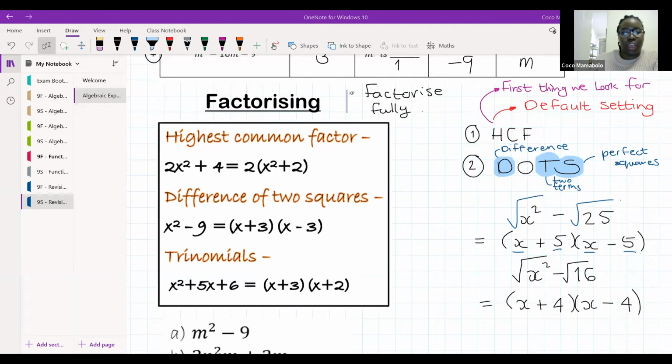Okay, ma'am. And it only works with two terms only, because it's called the difference of two squares. And it will never have a plus sign in between. No, because the D in dots stands for difference, and difference is minus. Okay, ma'am. Thank you, ma'am. You're very welcome, my sweetie.